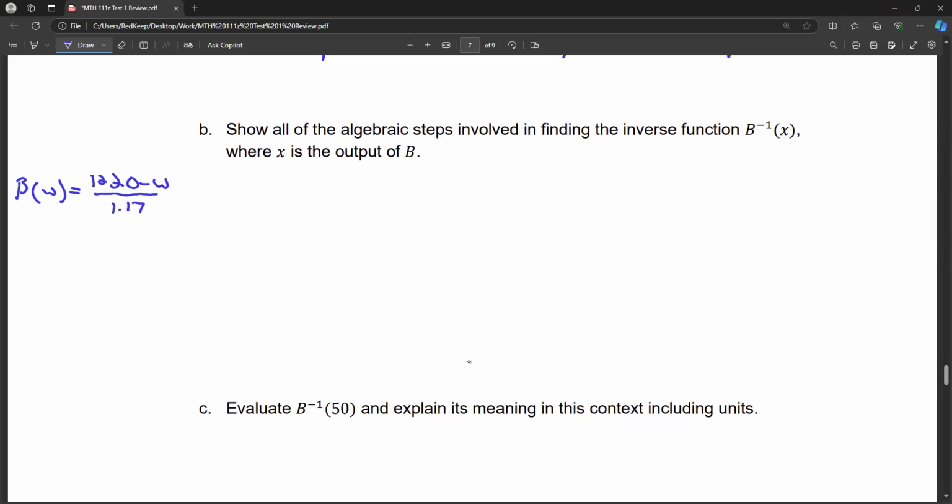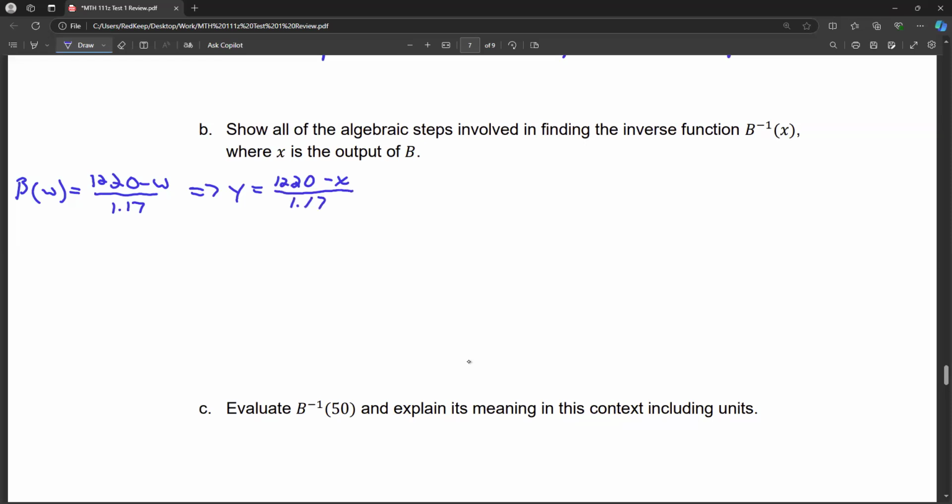So the first step in finding an inverse, for myself at least, is to rewrite this. Instead of B of W and W, I'm just going to simplify things by writing y and x instead. The output is typically your y value, and the input is typically your x value. So go ahead and make that substitution if you'd like to begin.